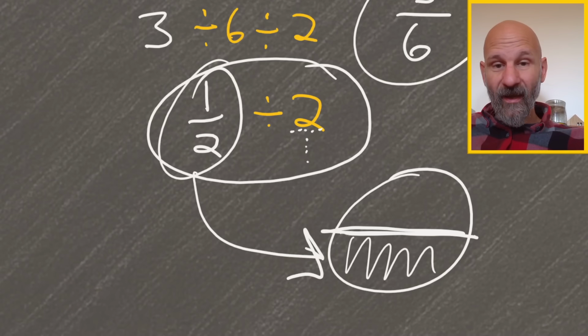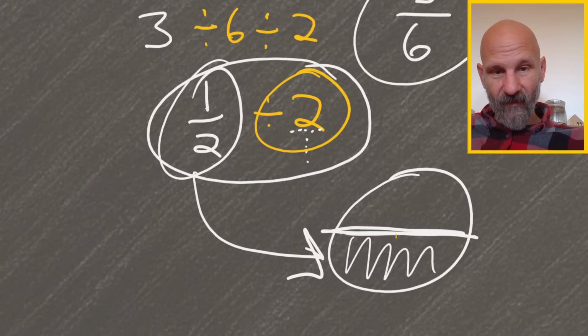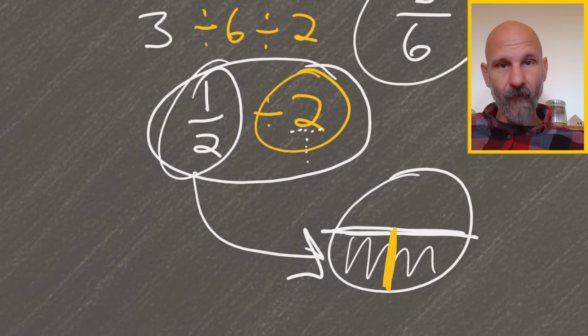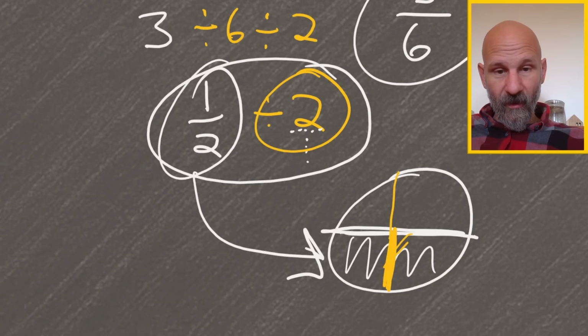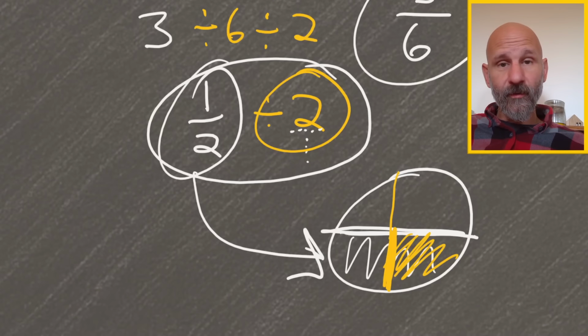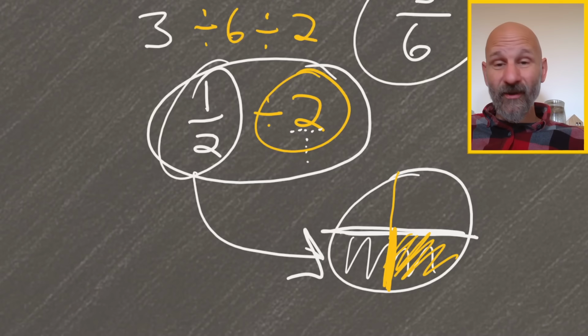And we're going to divide it by 2, which means we want 2 equal groups. Now my circle is broken up into fourths, and I'm only going to take 1 of those. So there's another way of seeing this 1/2 divided by 2.